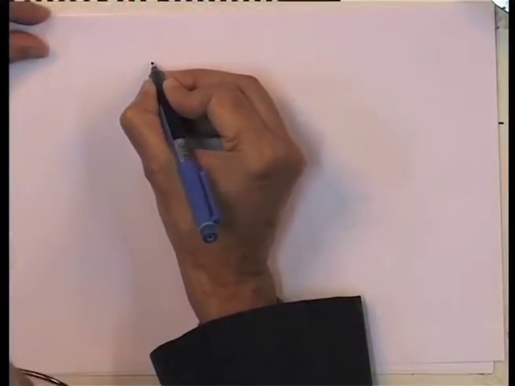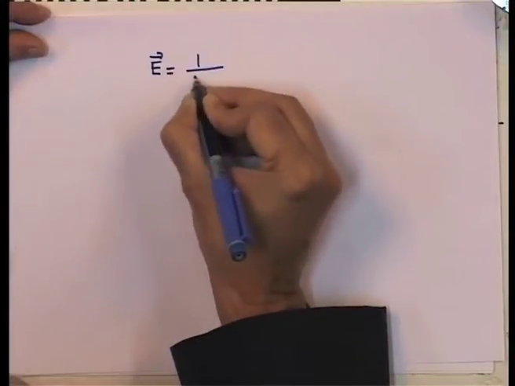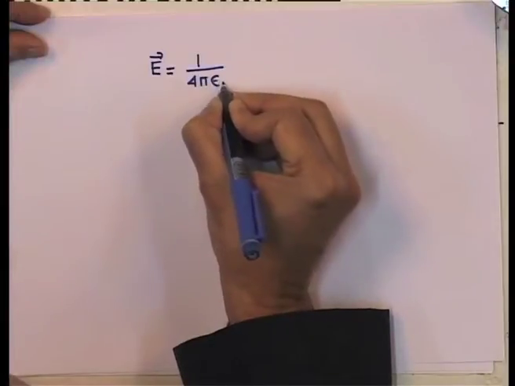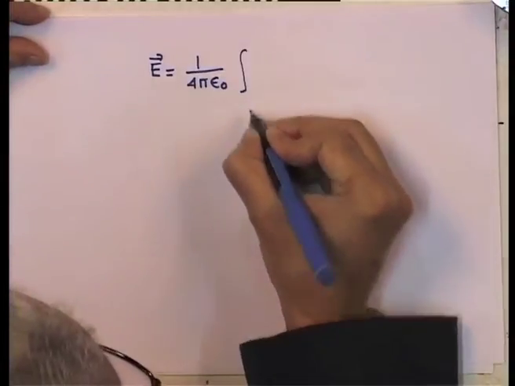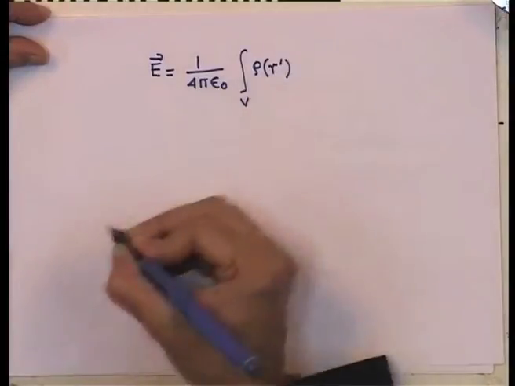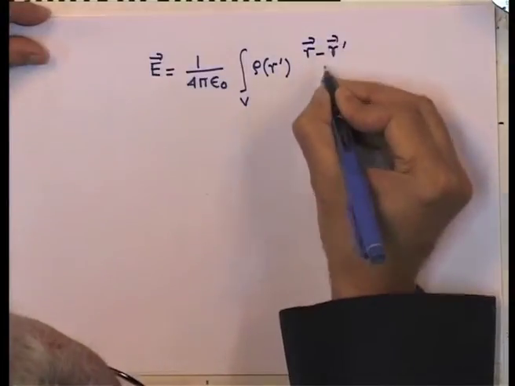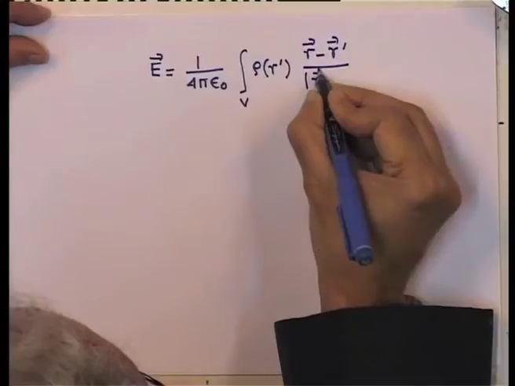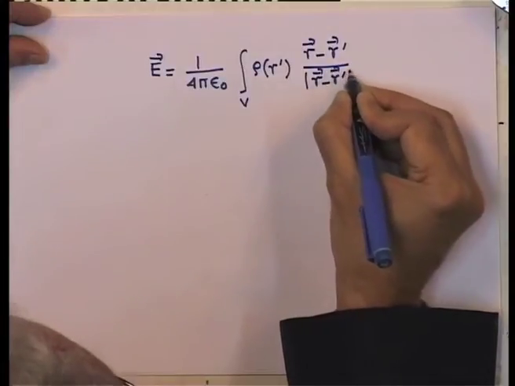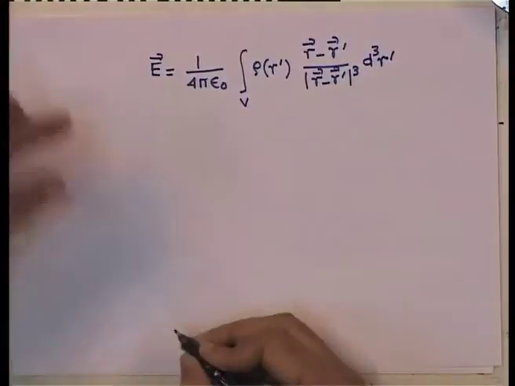So, notice that we had earlier written down the electric field E at a point r as 1 over 4 pi epsilon 0, integral over the volume of rho at an arbitrary point r prime inside that volume, times r minus r prime vector by r minus r prime cube, and the integration is over the primed variable.